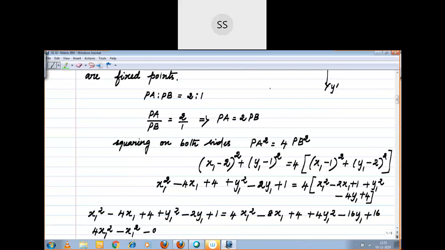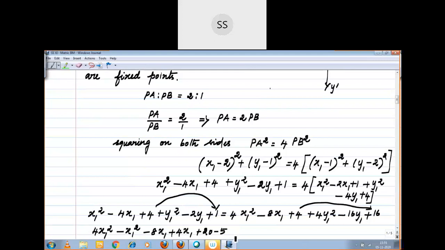Then shift these terms to the right side. 4x1 square minus x1 square, minus 8x1 plus 4x1.